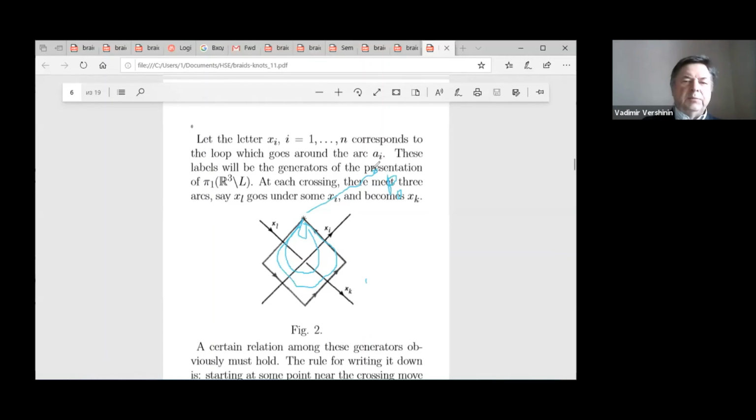So you came here, and then you go this way, and this way. This was your initial loop. But then, because everything is happening under the knot, you can deform this way, this way, this way, and finally your loop is the following. You come from point P0 and you return back. Evidently, this is the constant loop.